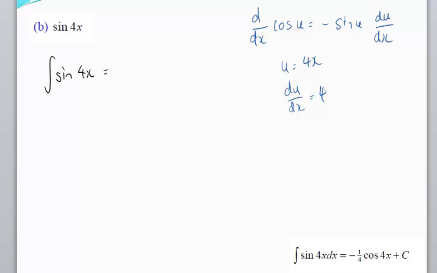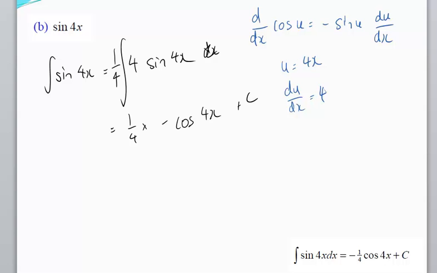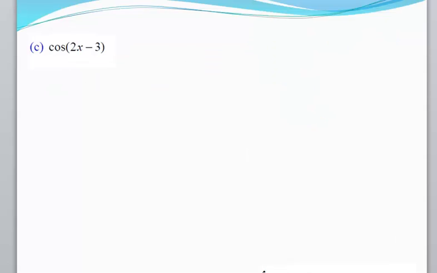What we're really wanting is 4 sine of 4x to give our du and our sine. To get this 4, we're going to multiply by a quarter out the front, and integrate. This will go back to our negative cosine of u. So it's a quarter multiplied by the negative cosine of u, which is 4x, plus our constant c, or minus a quarter cosine of 4x plus our constant c.